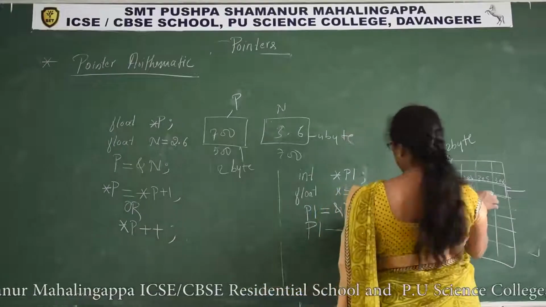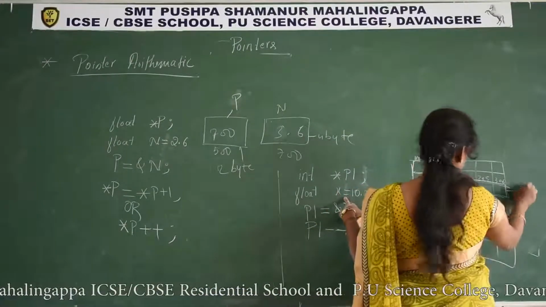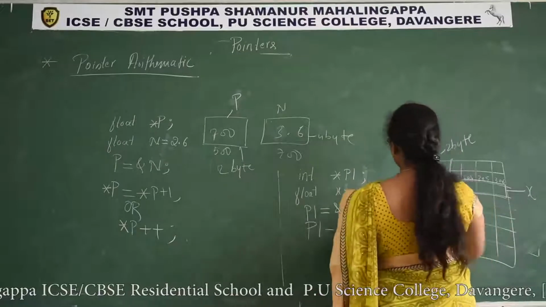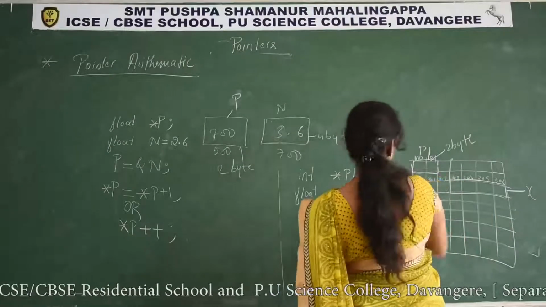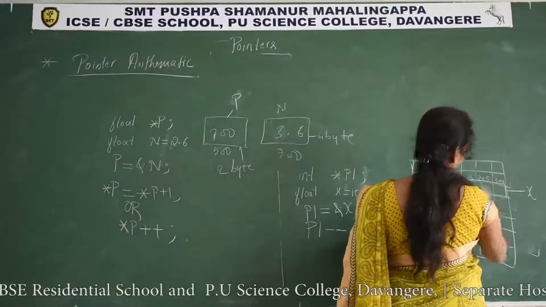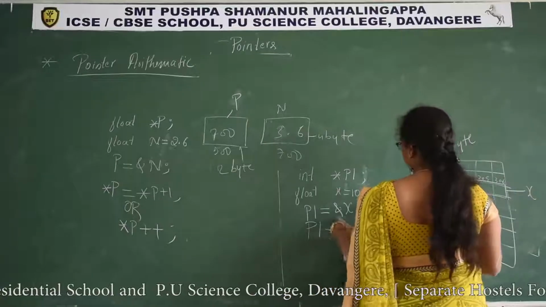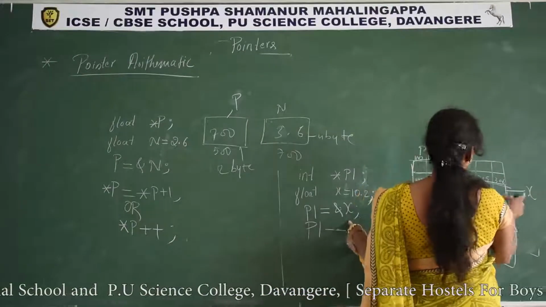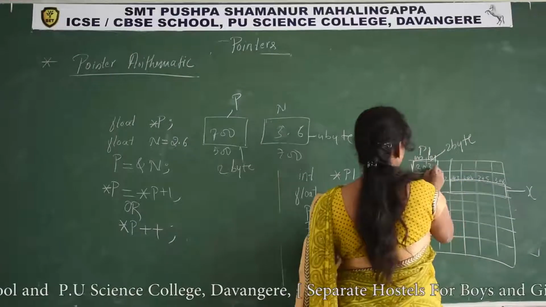These 4 bytes of memory will be allocated for X. Now P1 is equal to ampersand X. The address of X, 303, will be stored in P1.